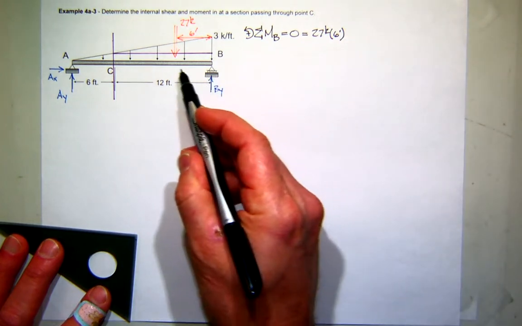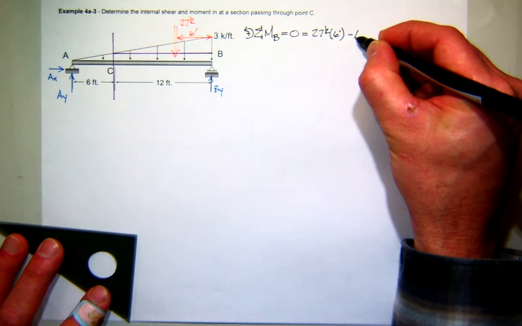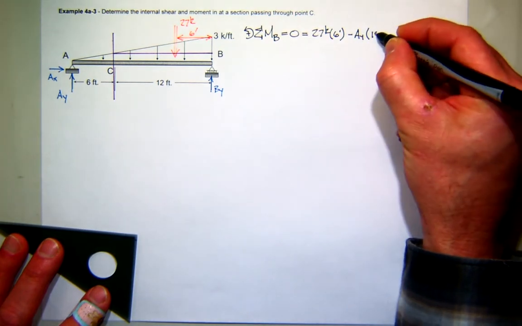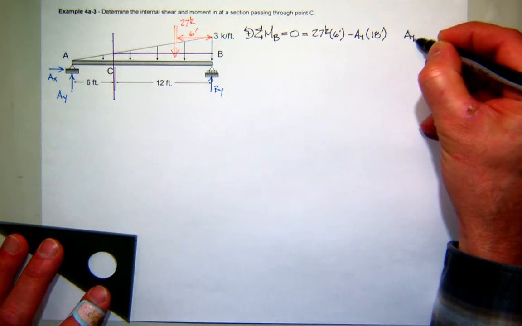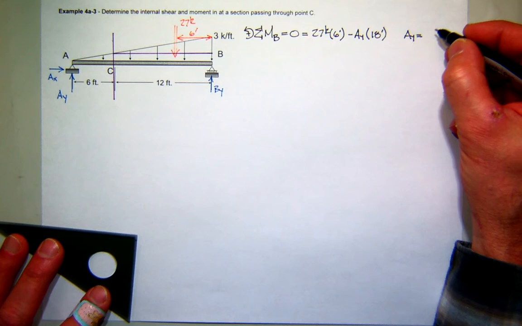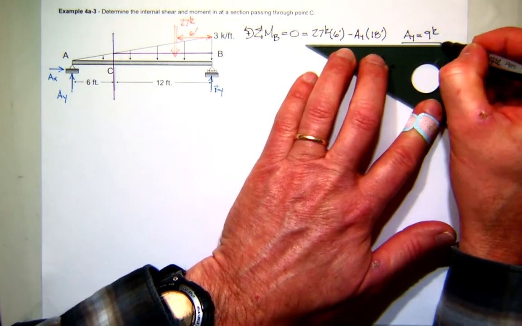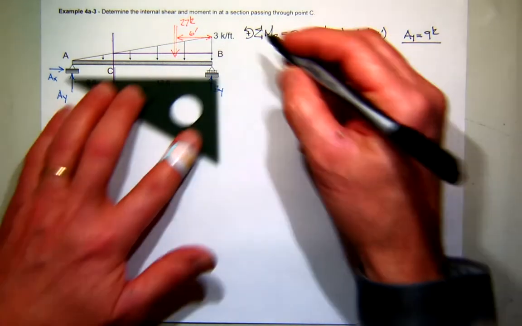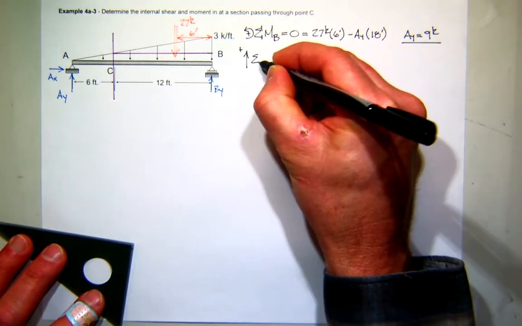Then the other force that creates moment is the reaction at AY. It creates negative moment, and it has a moment arm of 18. So it looks like AY is 9. So now I can sum forces in the Y direction.